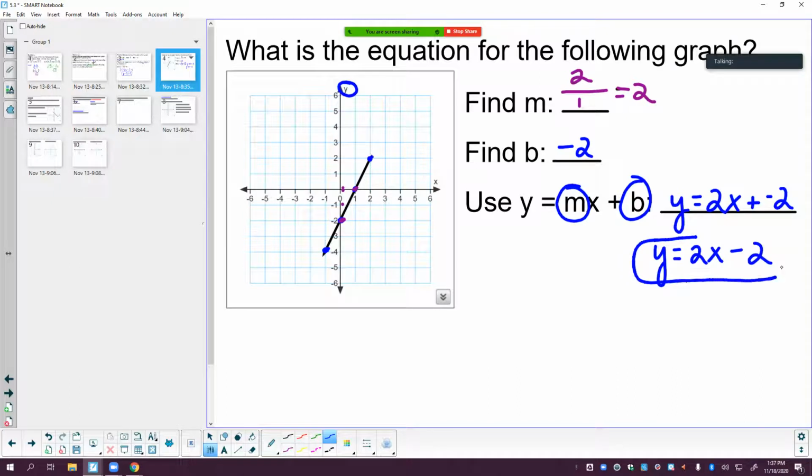Okay, so that's how we would write our answer right there. So if we add a negative number, that's the same thing as just saying that we subtract 2. Okay, so anytime we're writing an equation, we're finding m and we're finding b if they don't give it to us, and subbing those into the right spots in those equations.